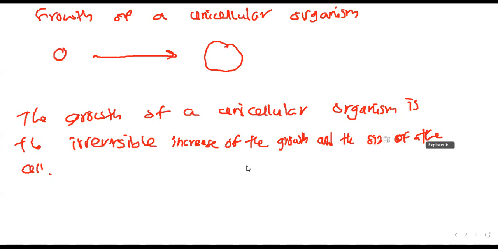The irreversible increase of the growth and the size of the cell is called the growth of a unicellular organism. So you need to understand these two concepts.